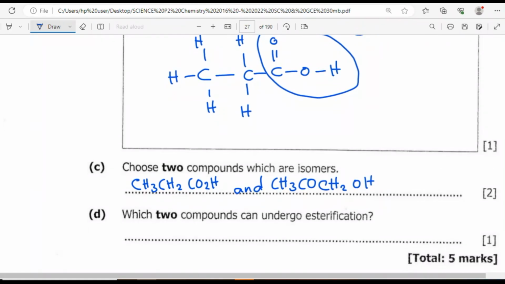Then the question D, which two compounds can undergo esterification?